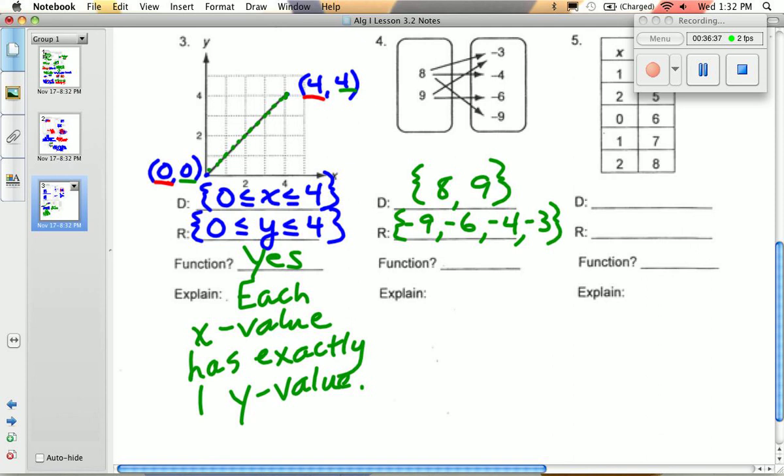And we're going to make our mapping diagrams the same way we do theirs. Their y's are turned around. They should be the other way, smallest to largest. Okay, function, yes or no? No. How come? Because each x value has more than one y value.